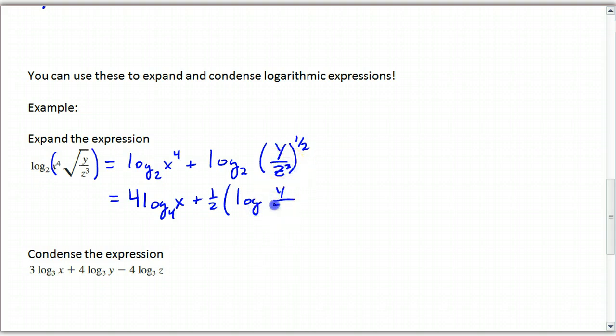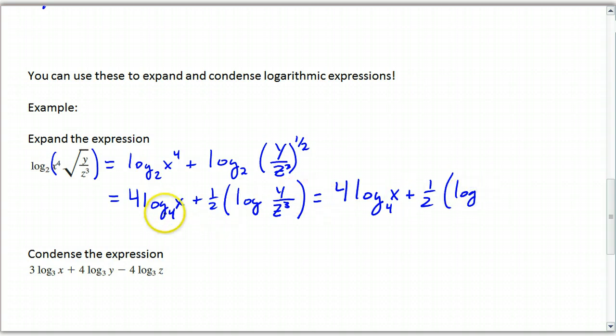That should be z cubed, shouldn't it? And finally, I have 4 log x base 2 plus 1/2 log y base 2 minus 3 log z base 2.